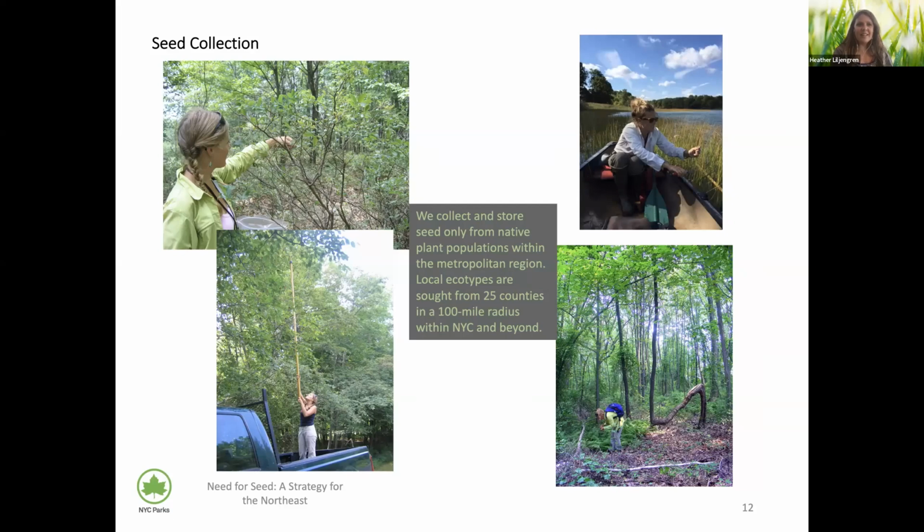I believe we're in a very unique part of the state of New York. We collect in every different type of habitat, from the coast up into the mountains, to really represent all the different types of ecosystems that we have in New York City.